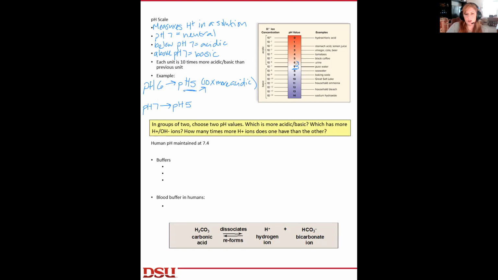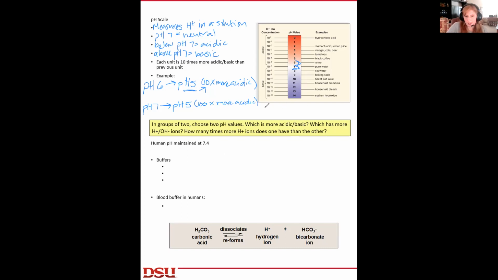So each jump down, 1, 2, is a difference of 10. So we're going to have a pH of 5 is 100 times more acidic than a pH of 7. Okay, does that kind of make sense?